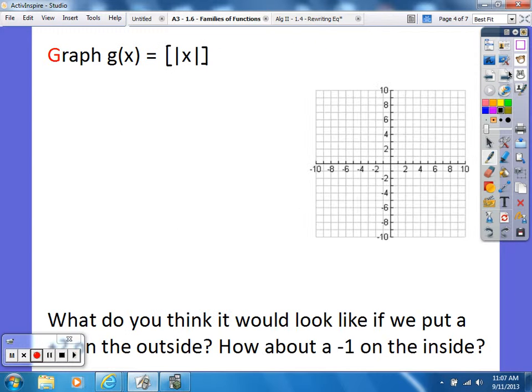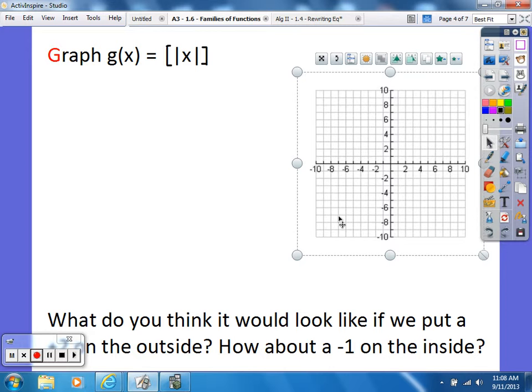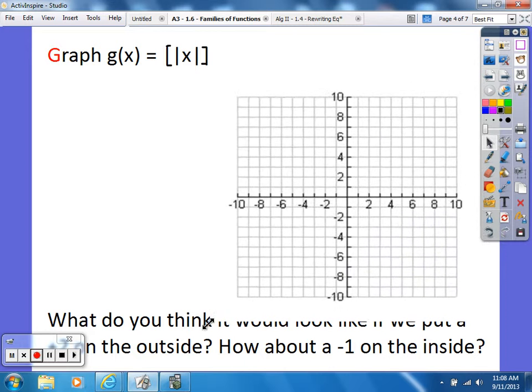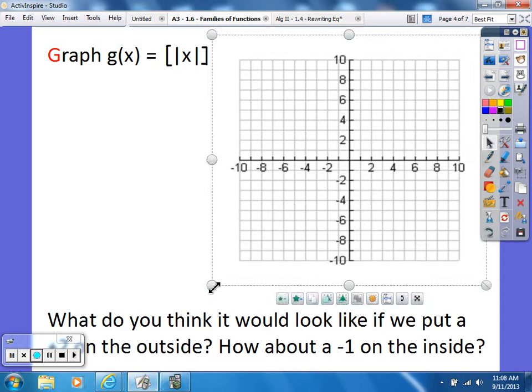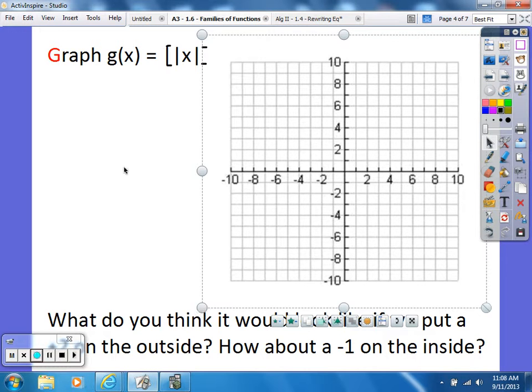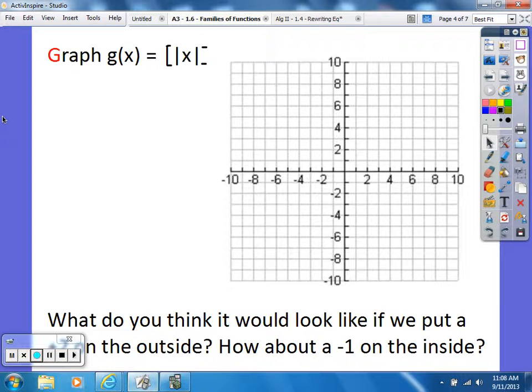All right. Here's our next one we're going to graph. Now, don't panic because these graphs are actually so easy. You can decide if you want to use graph paper or if you just want to use your notes, that's fine too. You don't have to go the whole way to 10.